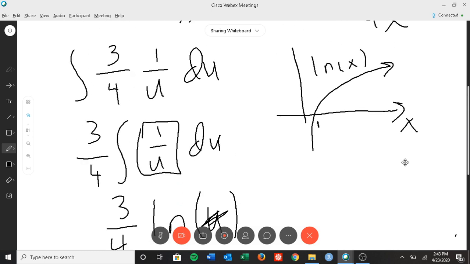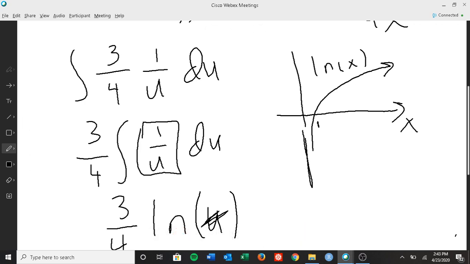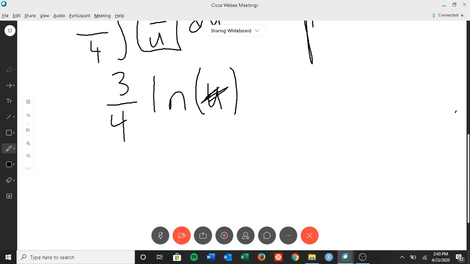If you notice in our graph, the function does not go past 0. That means that our x value cannot be negative. So for that reason, we want to make this the absolute value of u, because that means it will always be positive.